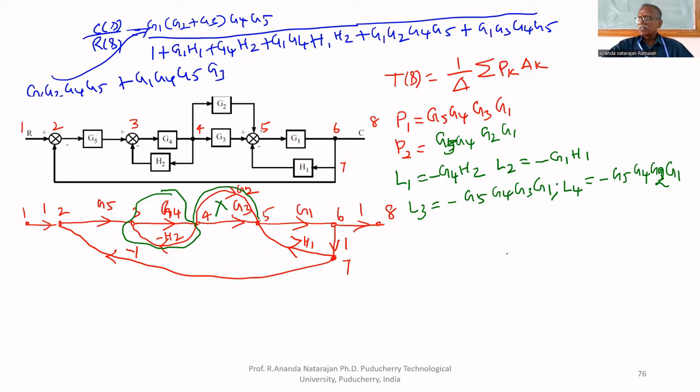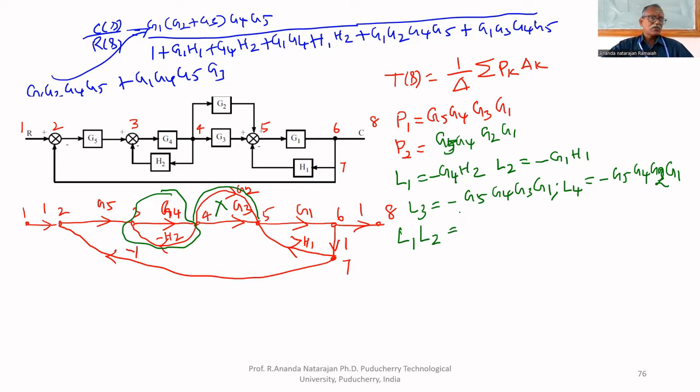But 2 non-touching loops are there: 3, 4 and 5, 6 are 2 non-touching loops. G4, H2 is L1, G1, H1 is L2. L1 and L2 are non-touching loops.